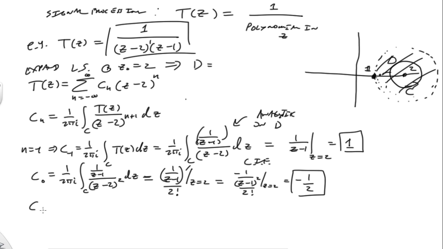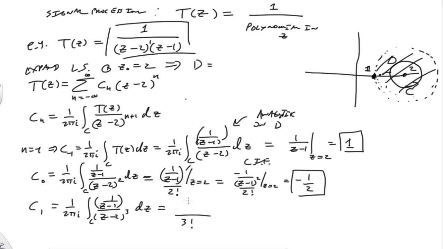Should we do another one? Let's do c1, and from that we'll get 1 over 2 pi i integral along our contour, 1 over z minus 1, and then we have (z minus 2) quantity to the 3rd power dz. For this, the function in the numerator is analytic on our domain, and so we now take 2 derivatives of it and divide by 3 factorial.